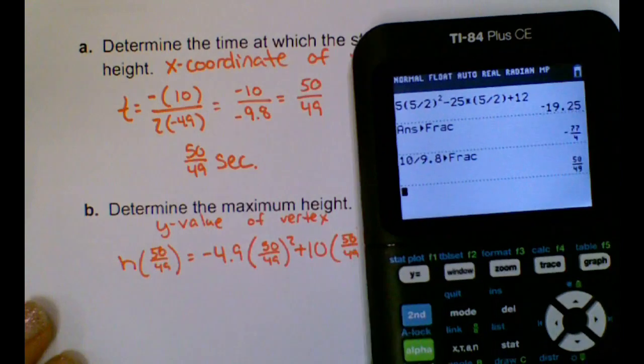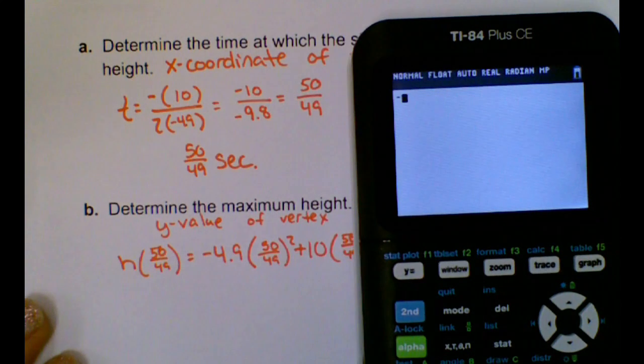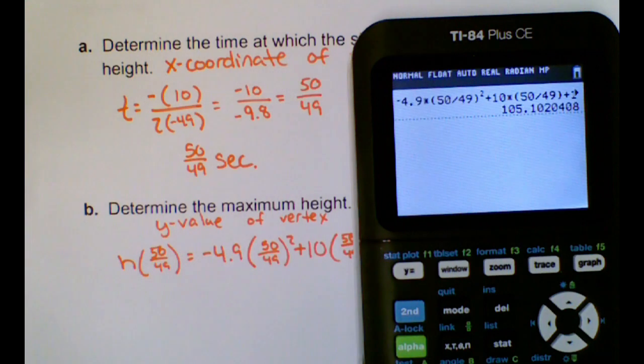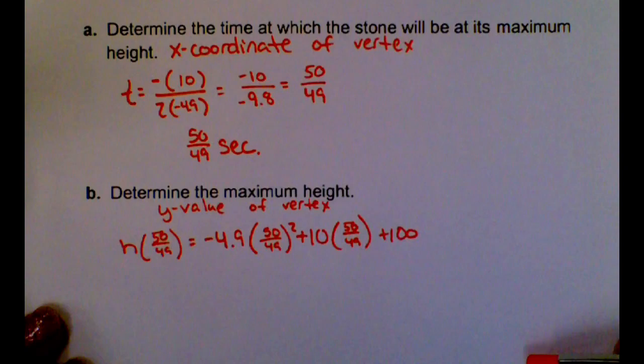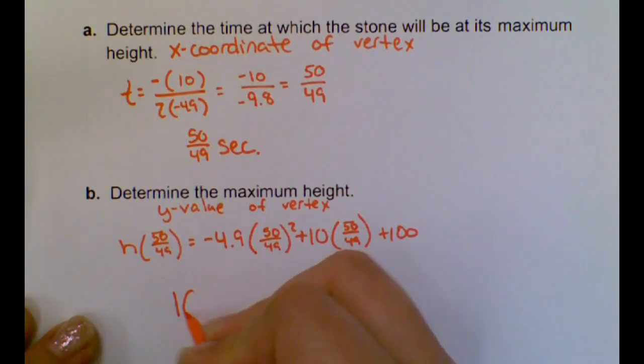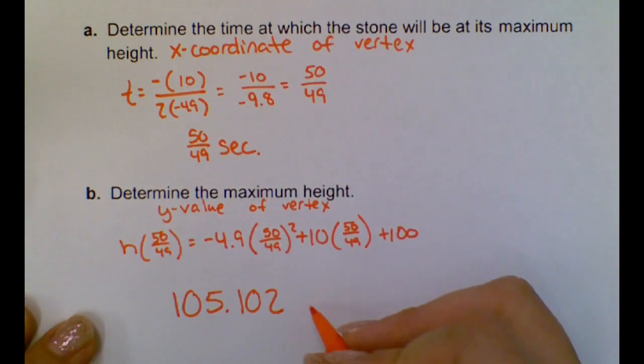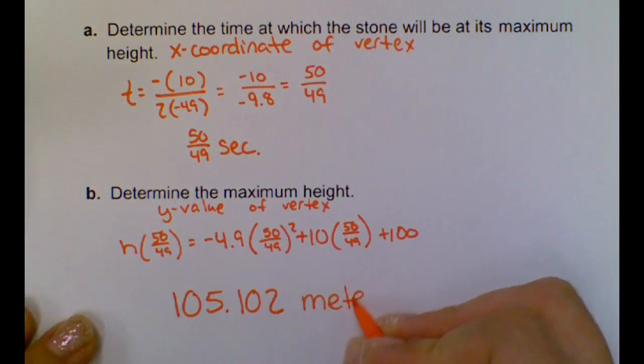Again, I will use my calculator here. 105.10204, blah, blah, blah. 105.102, we'll round to nearest thousandths, and we are in meters.